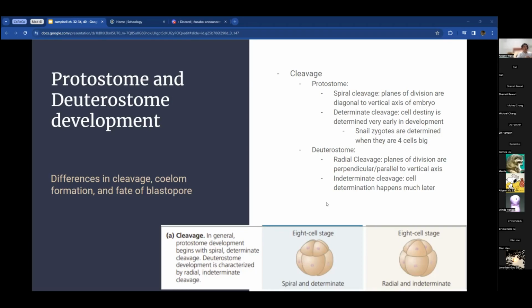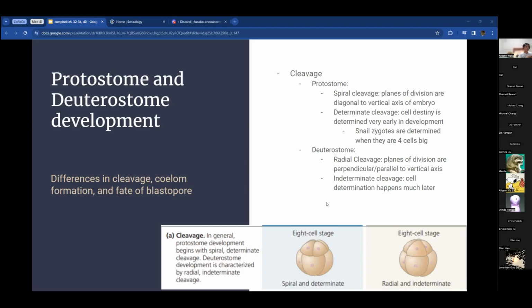However, at a certain point, each cell undergoes a determination where it decides what pathway it's going to differentiate down. Once it makes this decision, it is no longer totipotent. It's no longer a perfect stem cell.